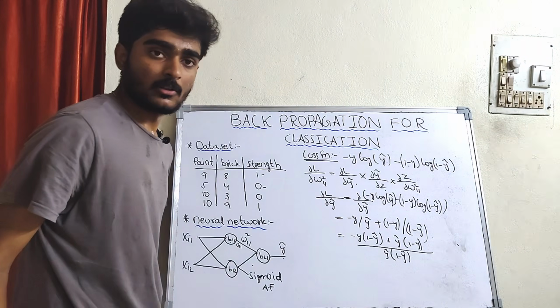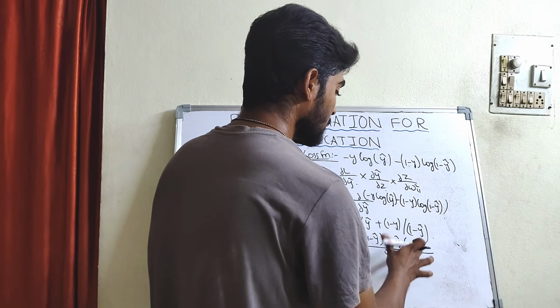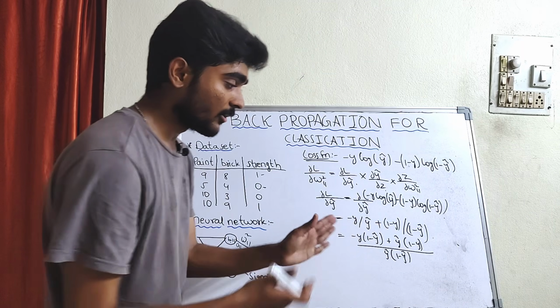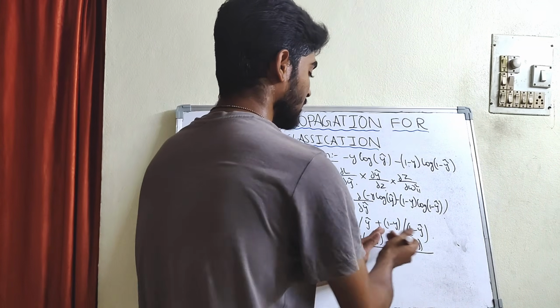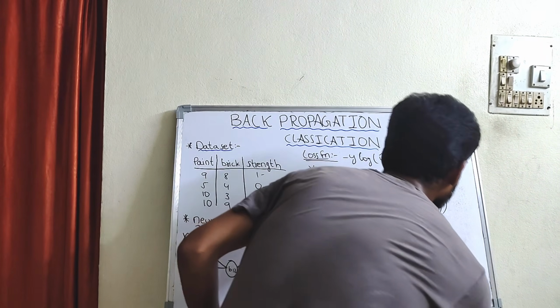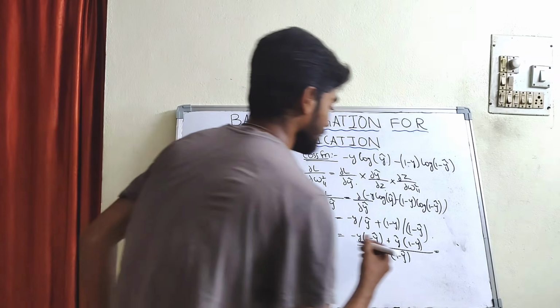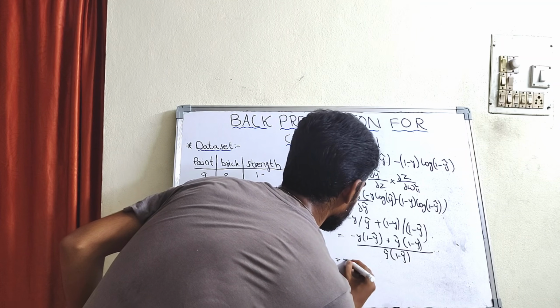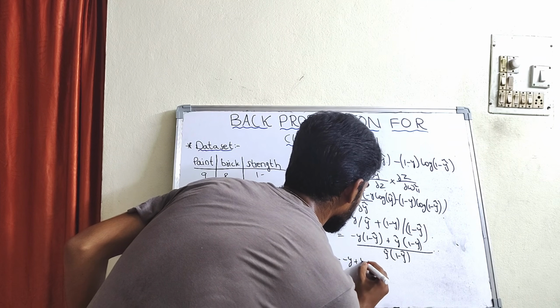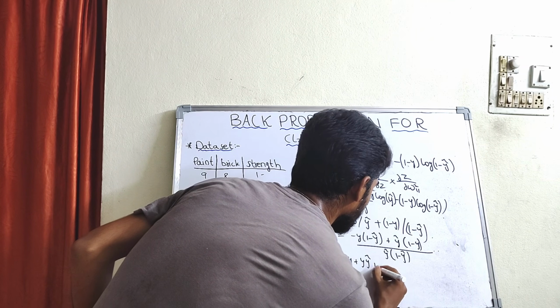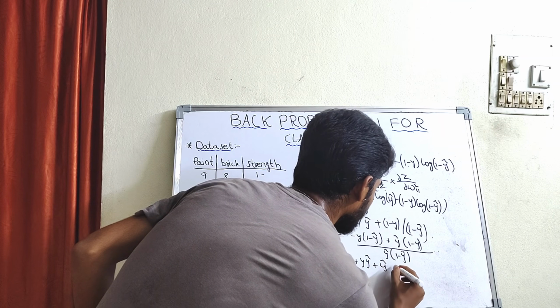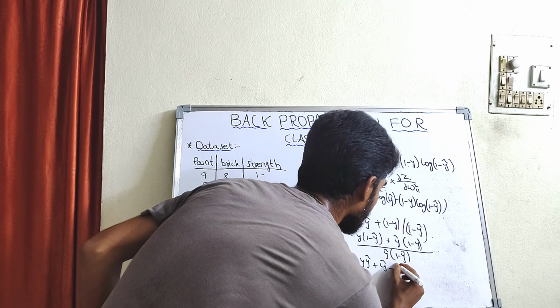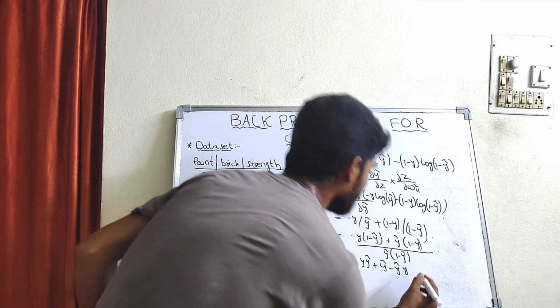Now we'll be multiplying the values inside the brackets. This comes out to be, let me write it over here, minus y plus y hat plus y hat minus y hat y.